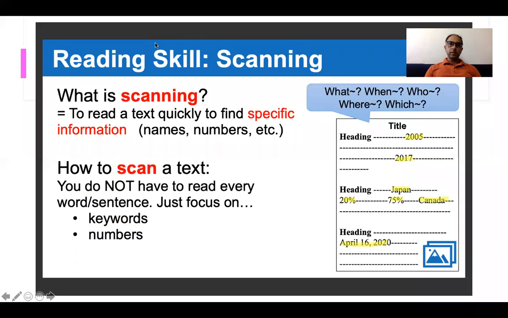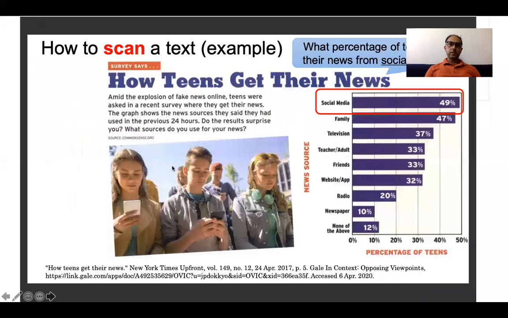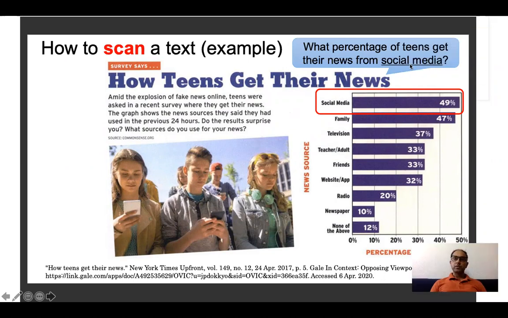For example, let's look at this text. This text asks you a question, I cannot see that. So what percentage of teens get their news from social media? That's the question for this particular text. Then you have to look for the keywords. For example, your keywords would be percentage and social media.